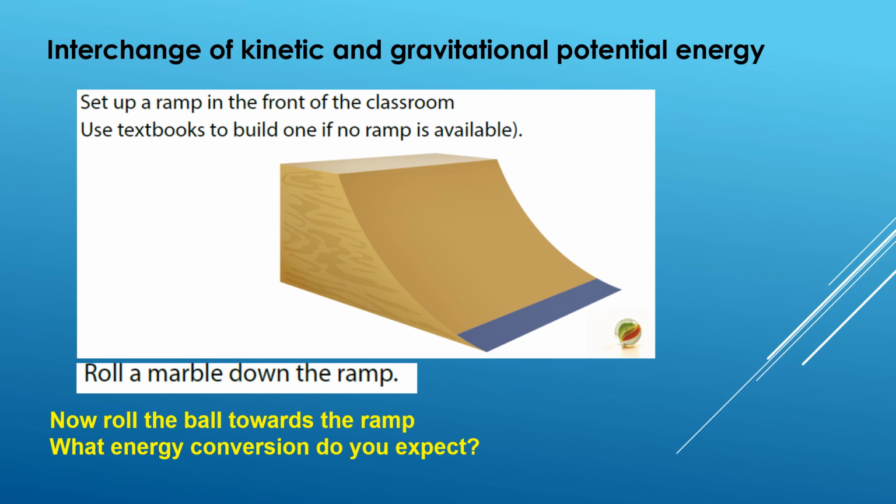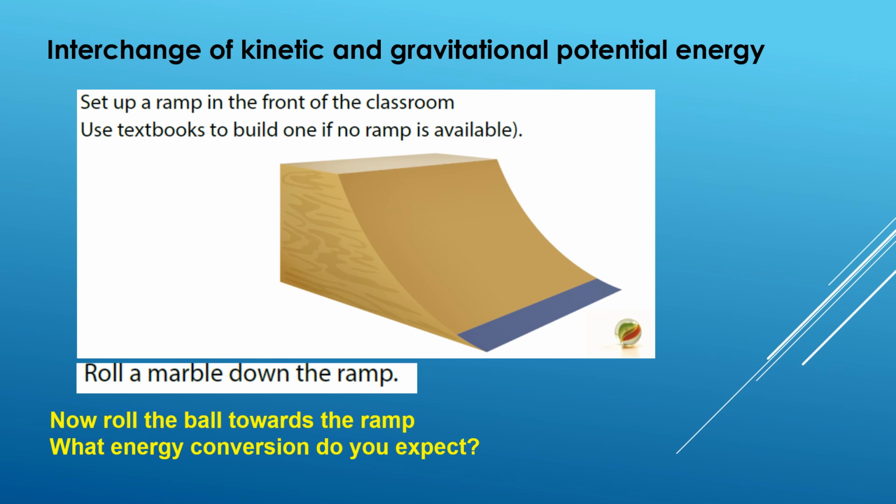Now imagine we take the marble and roll it towards the ramp. What energy conversion would we expect? While the marble is moving towards the ramp, it has kinetic energy, and as it starts moving upwards on the ramp, it will have gravitational potential energy.